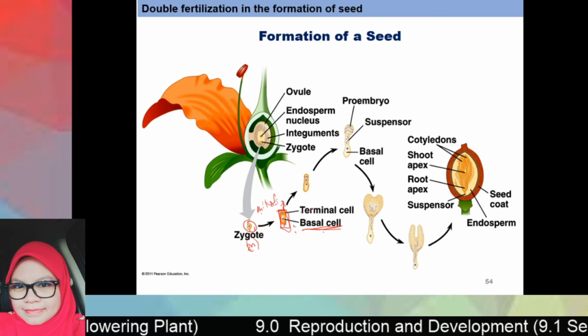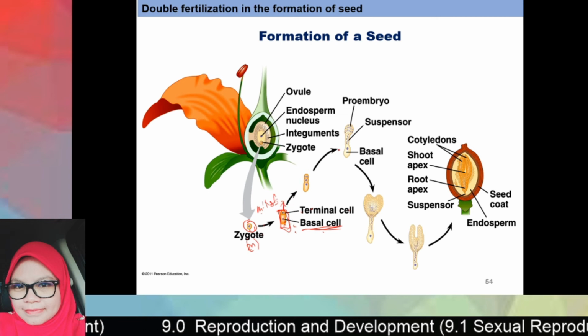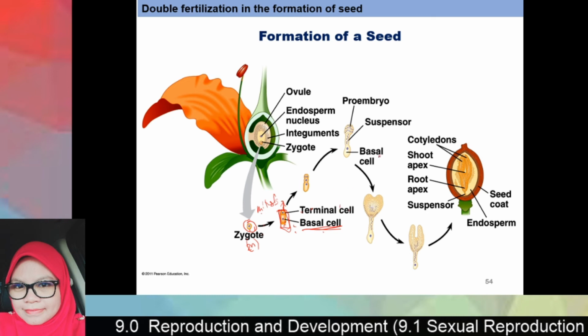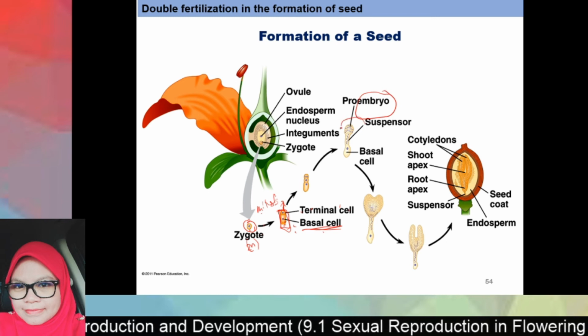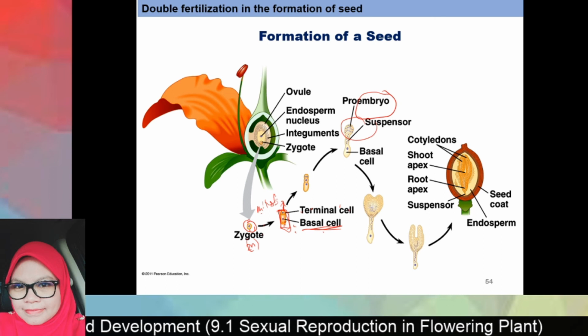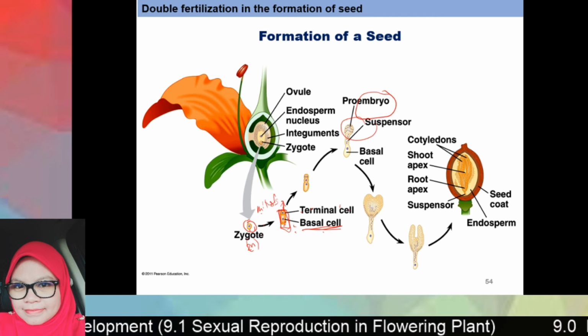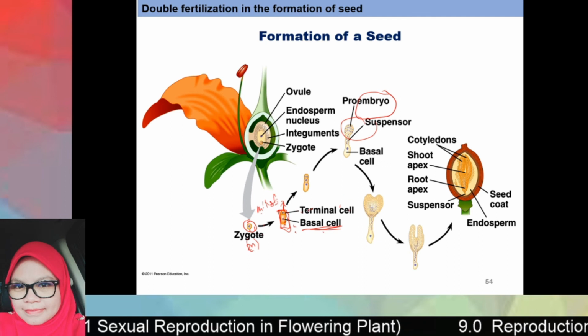And then these cells will continue to divide, where the terminal cell will form the embryo. Dia yang akan jadi embryo. Maksudnya dia lah akan jadi struktur pokok yang baru. Akar, batang, daun, itu semuanya datang daripada terminal cell.